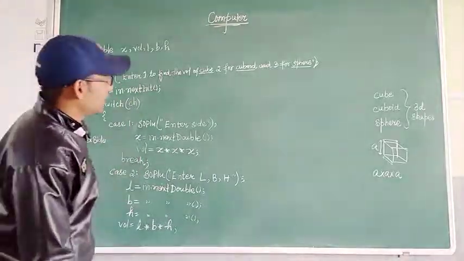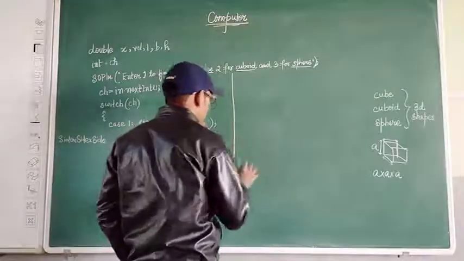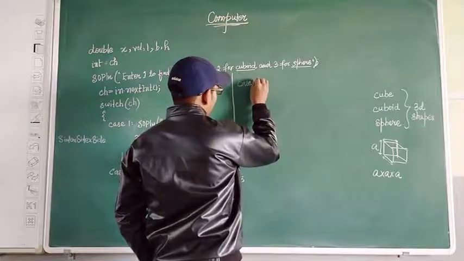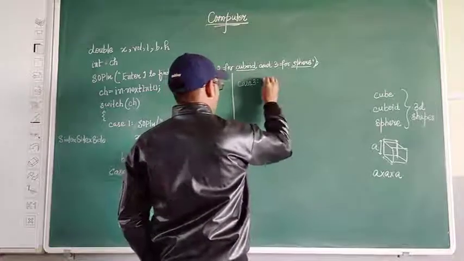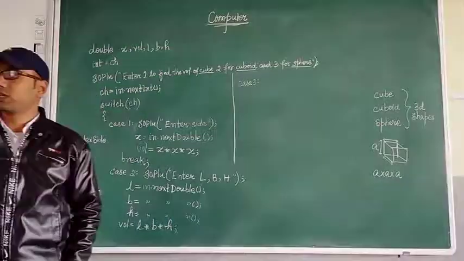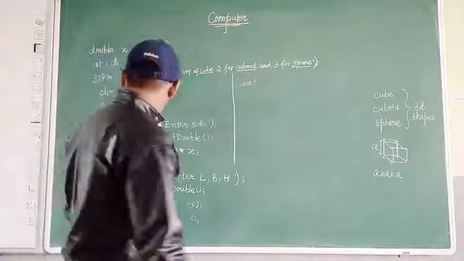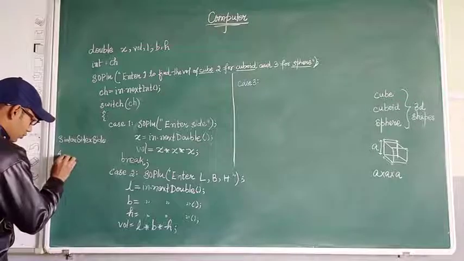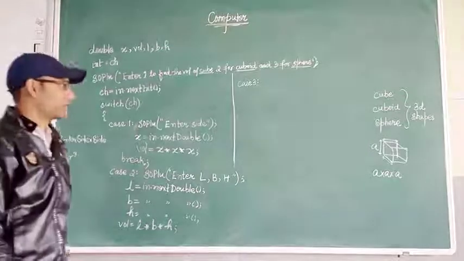After case 2, case 3. Case 3 should be dealing with the sphere. To find out the volume of a sphere, what is the formula? The volume of a sphere is 4 by 3 pi r cube.